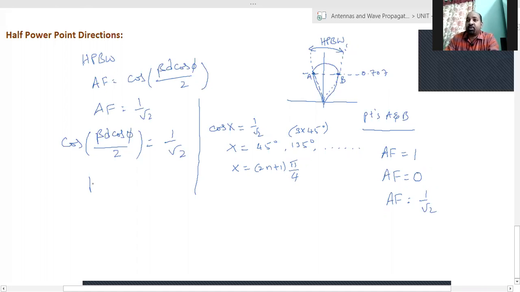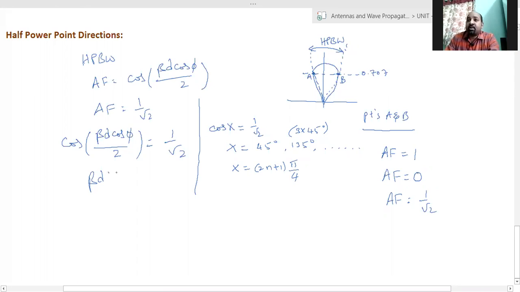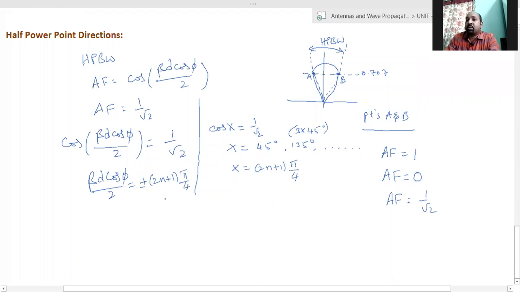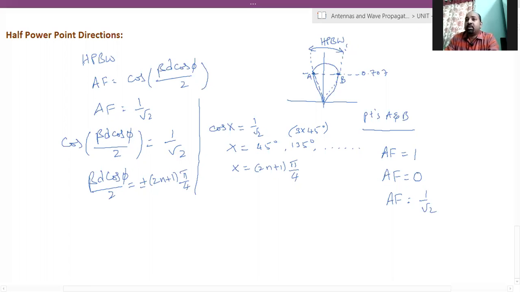So therefore beta d cos phi by 2 is equal to plus or minus (2n plus 1) pi by 4.